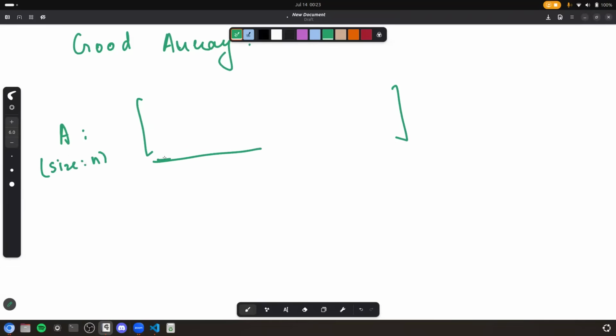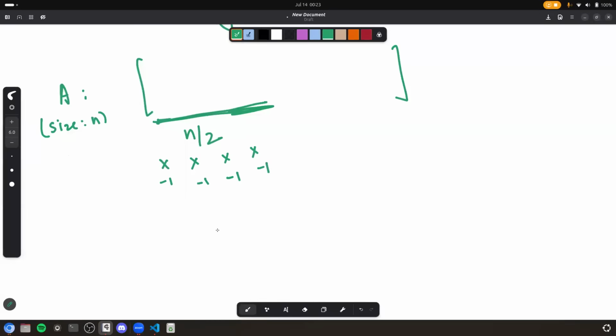So it is a good array if I choose a cyclic subarray of size n by 2 and multiply all the elements by -1, and then I take the sum of the array. And now if the sum of the array is strictly negative, then the array is said to be good.